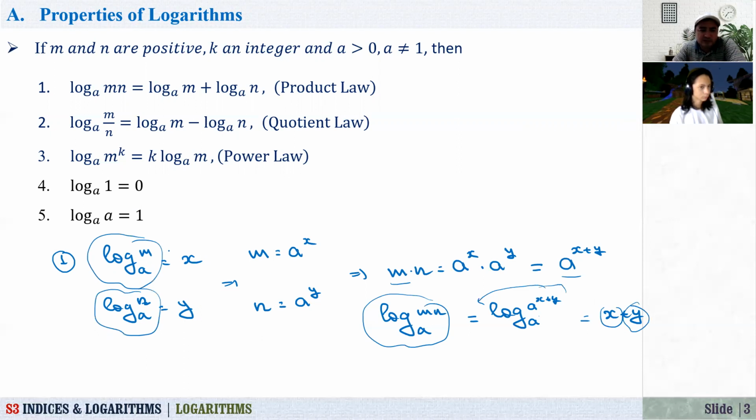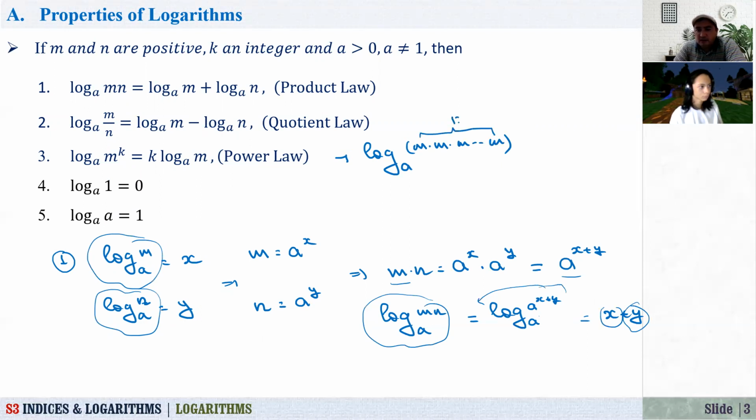In a similar way, if you just divide, we will get the second property. And the third property comes from the first one, because m to the power of k means that I can write the logarithm to the base a of m to the power of k as the logarithm of m times m times m, dot dot dot, with k m's.